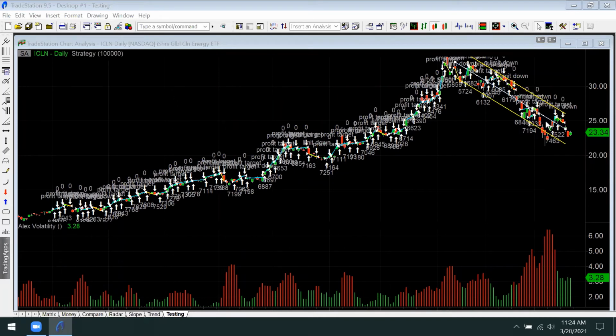So there have been no trades in here. However, just recently, last week, it went to green. And that's telling me that if you do get a signal, it's okay to trade it. But I haven't gotten the signal yet. So even for ICLN, the answer is still no. My take for Monday is there's nothing worth buying in the ones that I'm watching. And I don't do a lot of scanning.